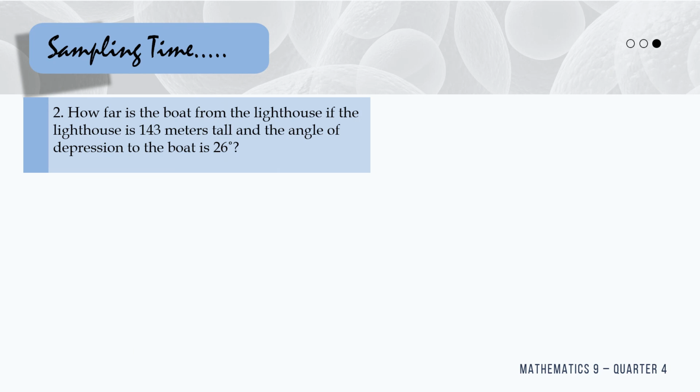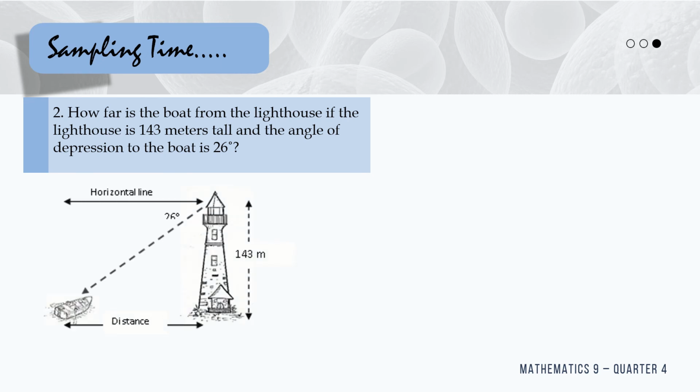Statement number 2 says: how far is the boat from the lighthouse if the lighthouse is 143 meters tall and the angle of depression to the boat is 26 degrees? Okay, let us illustrate.